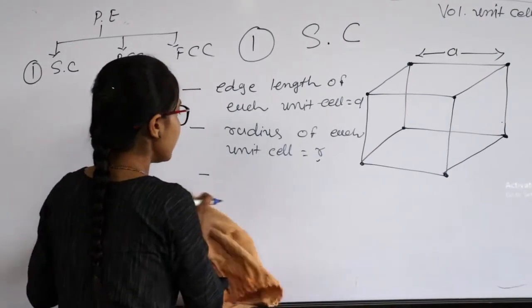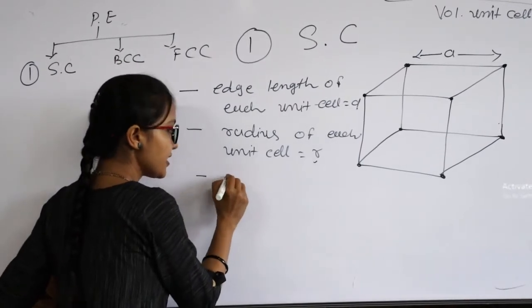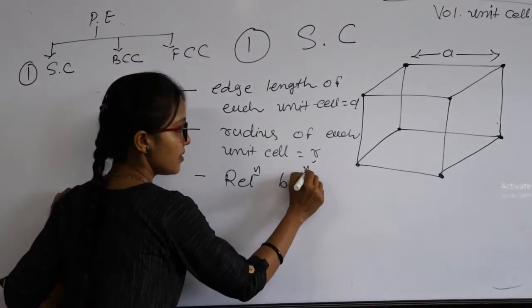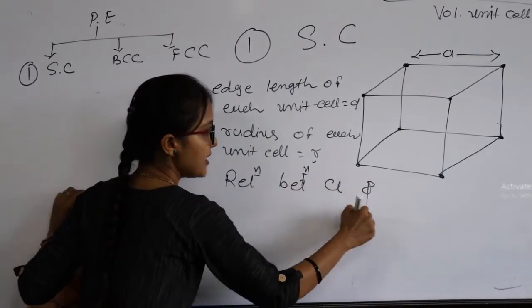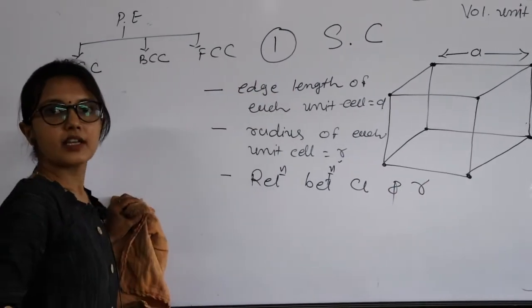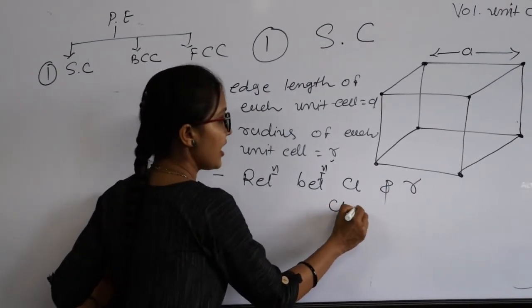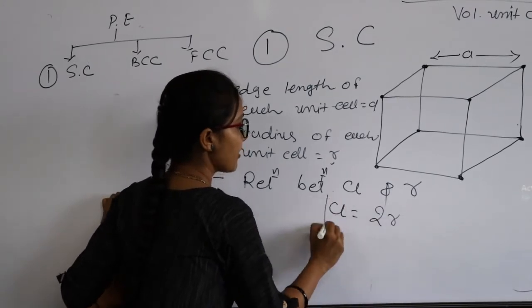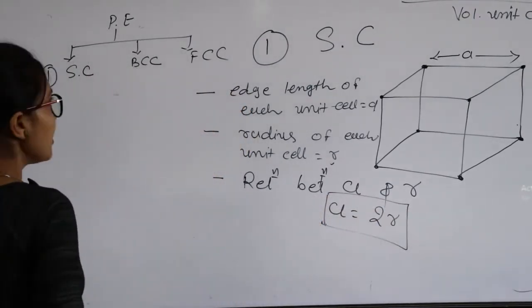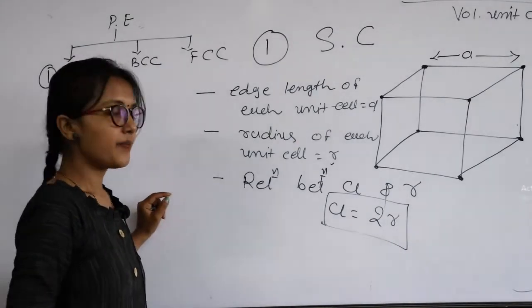I will write here the relationship between a, the edge length, and radius r. Clear? That's why a is equal to 2r. This is the general formula for a simple cubic lattice.